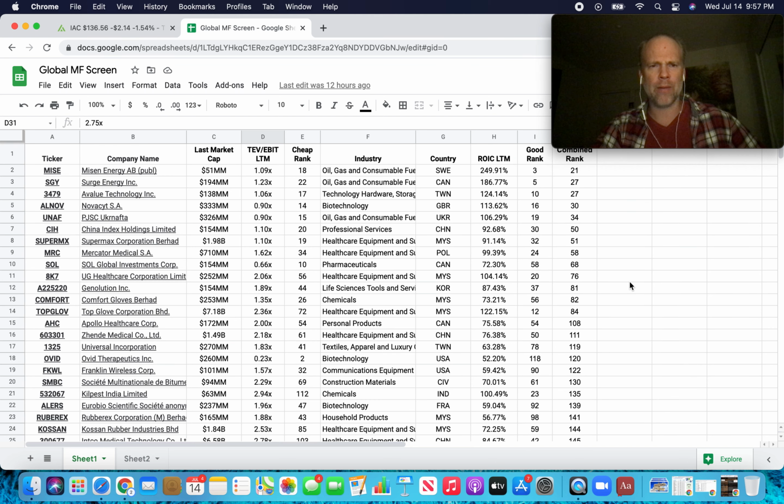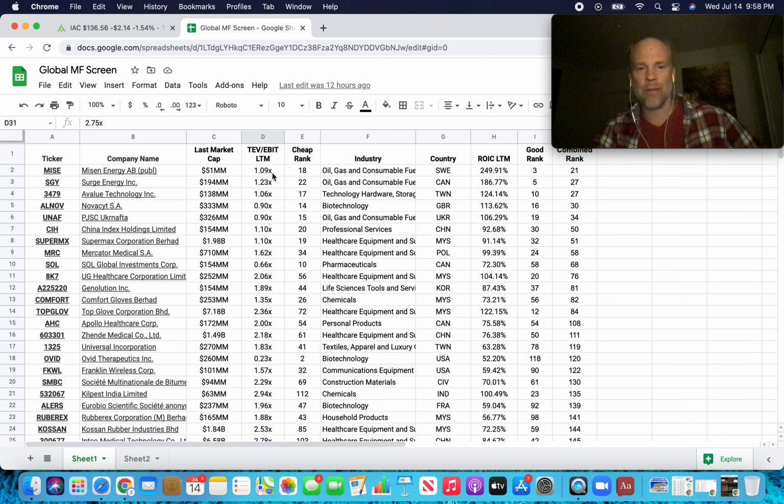Anything else I wanted to cover? I think, oh, and of course, the Magic Formula is one thing you could screen here. Acquirer's Multiple would be even easier, right? In the book The Acquirer's Multiple, Tobias Carlisle lays out the case that just buying cheap businesses versus buying businesses that are a combination of cheap and good actually slightly outperformed over time, according to his study, the Magic Formula.